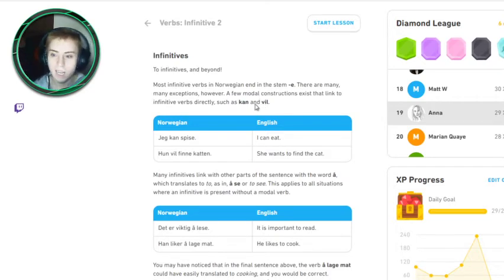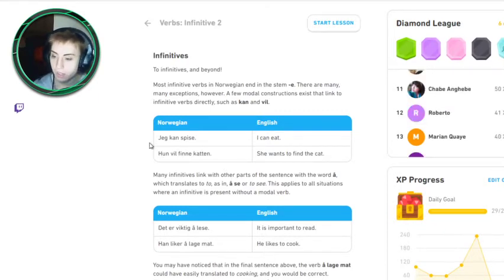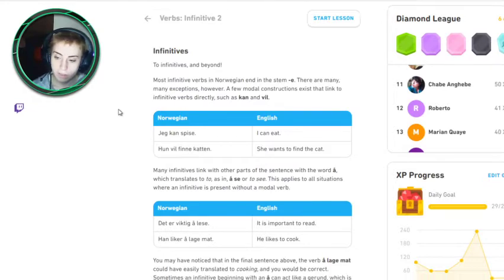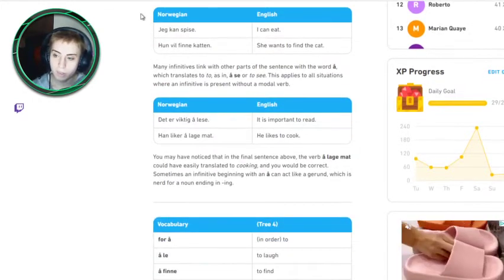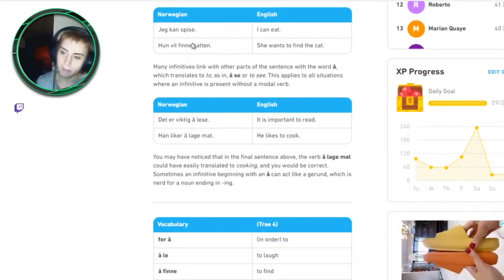We're talking about modal verbs. So, can and will, you can use these in the infinitive form without the å. You can say, jeg kan spise, hun vil finne katten.